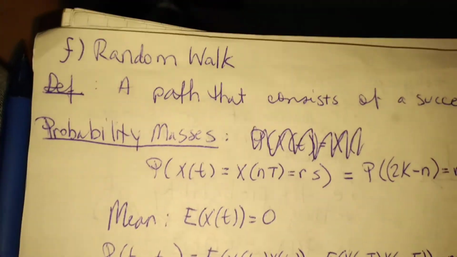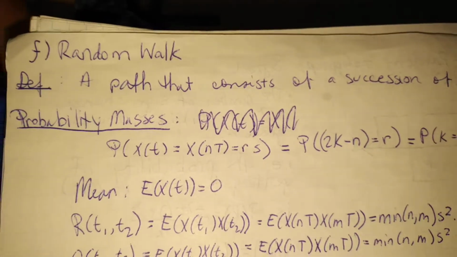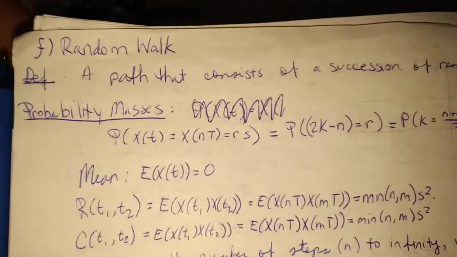Okay, the next process is the random walk. So the random walk is a path that consists of a succession of random steps.